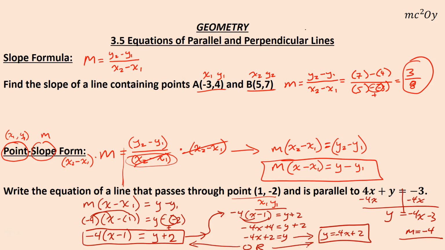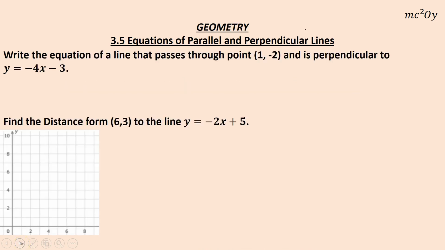All right. Let's see what else we got. Okay, let's write the equation of a line that passes through a point, this time, and is perpendicular. So the previous one was parallel, so the slopes were the same. This one is perpendicular, so I'm given x1, y1. But now I need a perpendicular, meaning this slope is not going to be negative 4. The slope of my new line is going to be the opposite, which makes it positive, or the inverse, and it's a reciprocal.